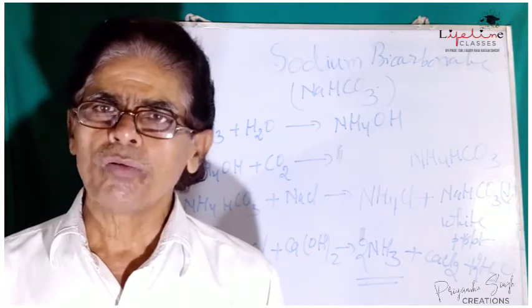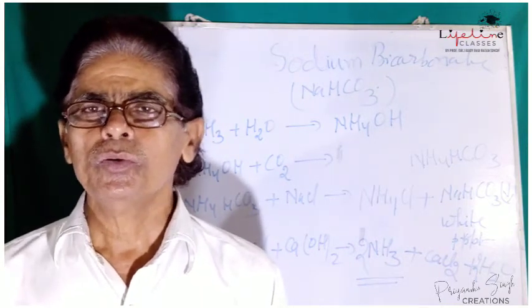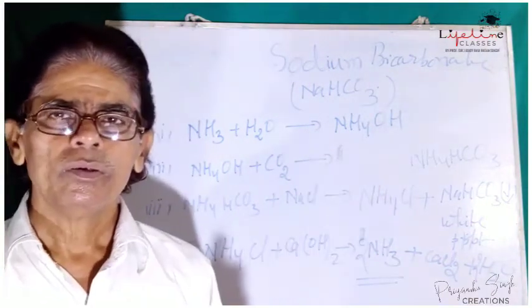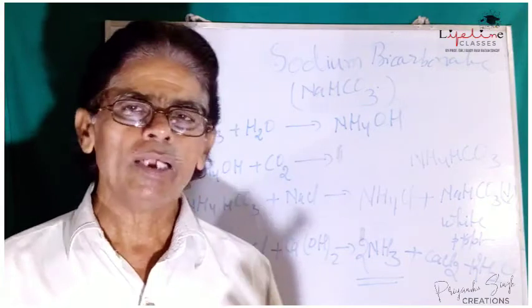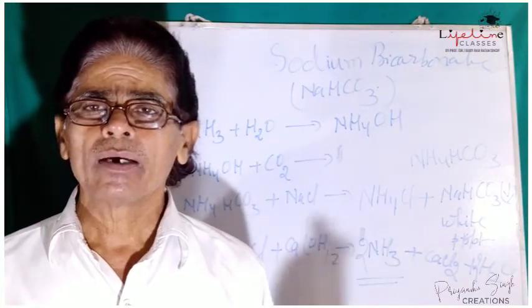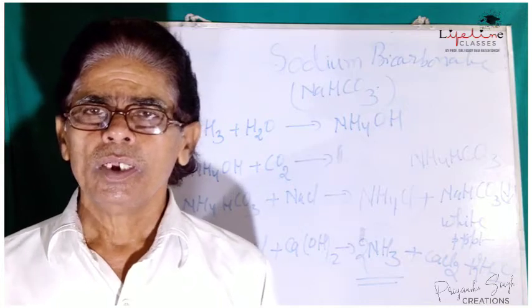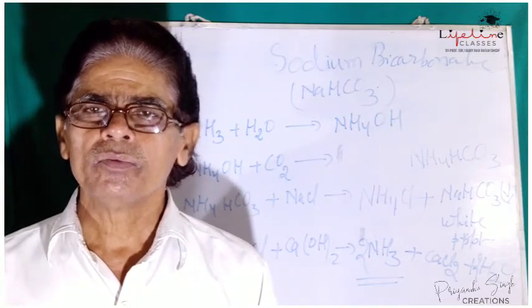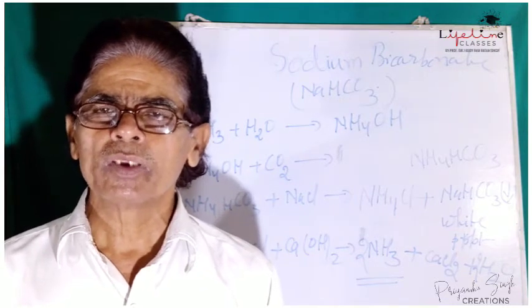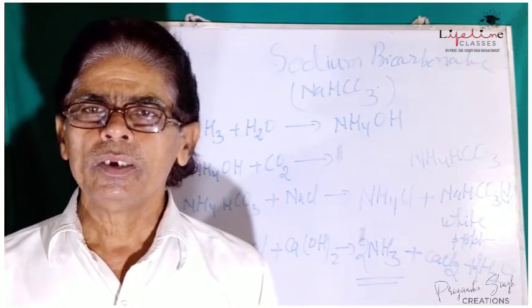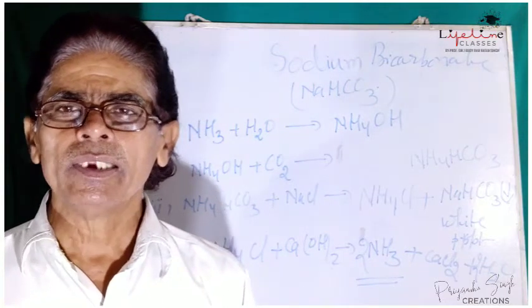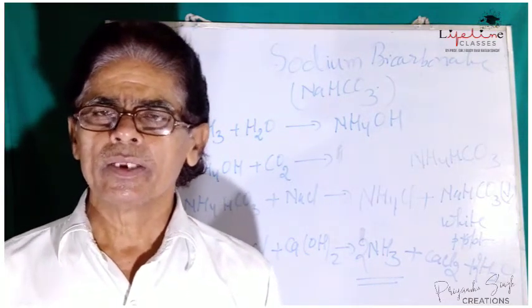So, in order to neutralize the acidity, we can use sodium bicarbonate as one of the neutralizing reagents. But this sodium bicarbonate is slightly corrosive in nature. So, in order to make it fit for consumption, it is neutralized with a mild acid, that is tartaric acid.